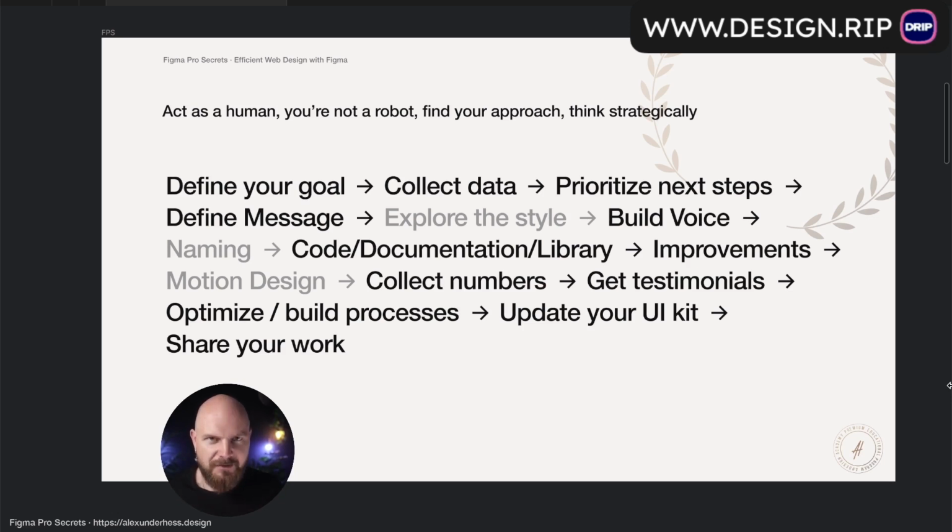Once everything is done, analyze, optimize, and build processes based on everything that you just did. It doesn't mean that you have to do it for absolutely every single project, but you have to do it for absolutely every single new project that is somehow different from everything that you created before.